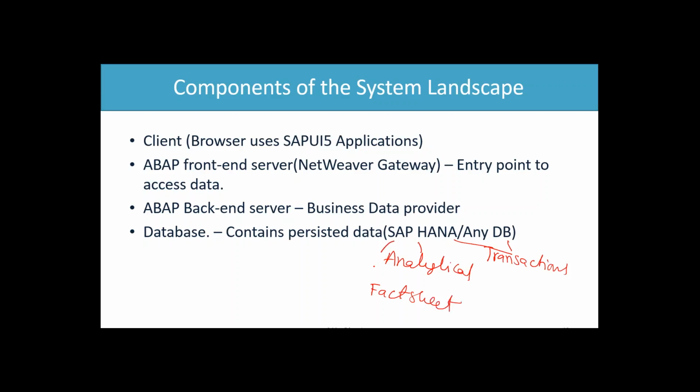For the analytical and fact sheet ones, they have to use HANA as the database. For transactional ones, like purchase order, sales order, ESS, MSS, SRM applications, we can use any database as well, but SAP still says it is better to use SAP HANA. We are covering 99 percent transactional, and just an overview of analytical and fact sheet because we don't have that landscape.